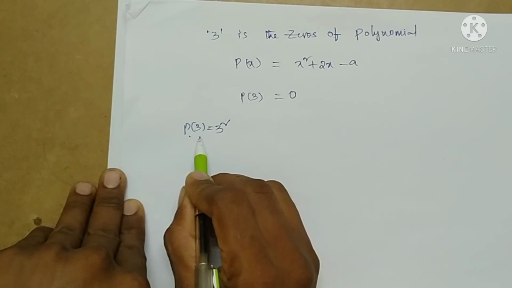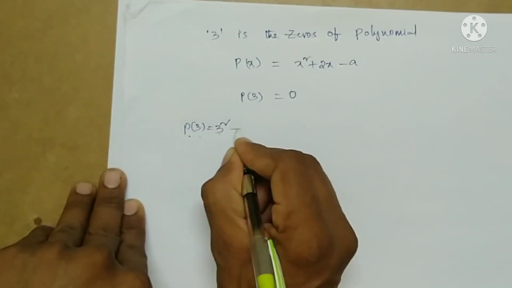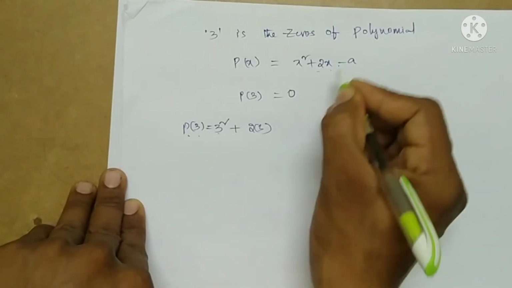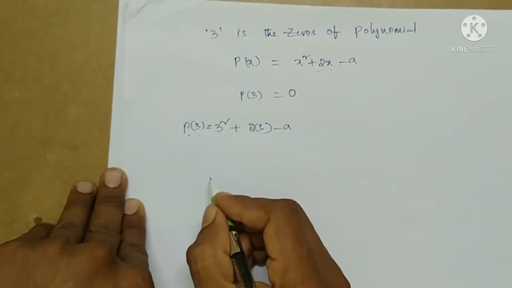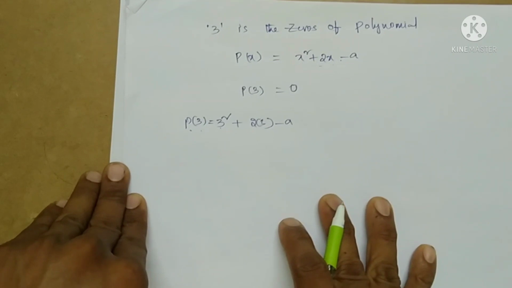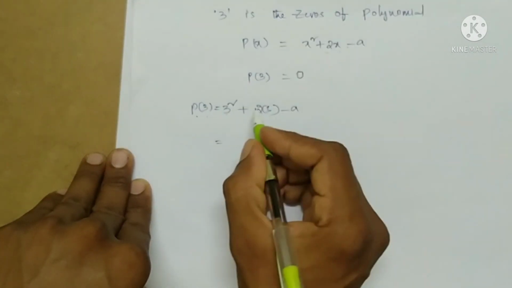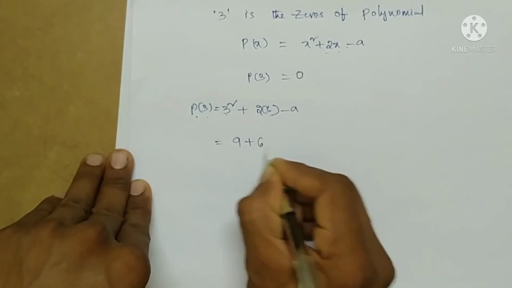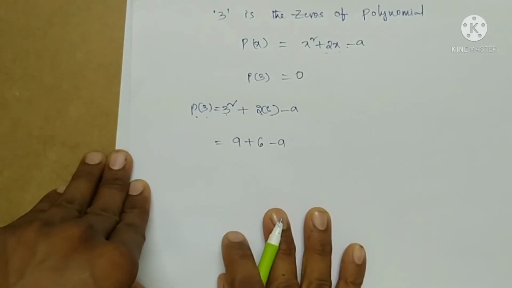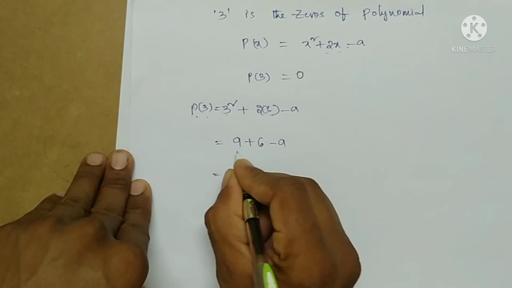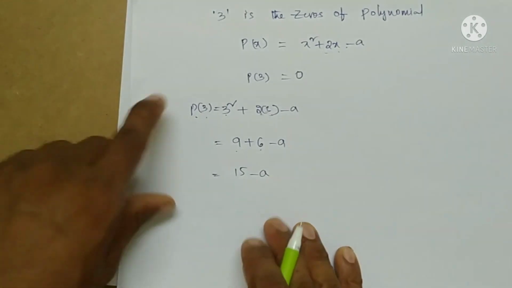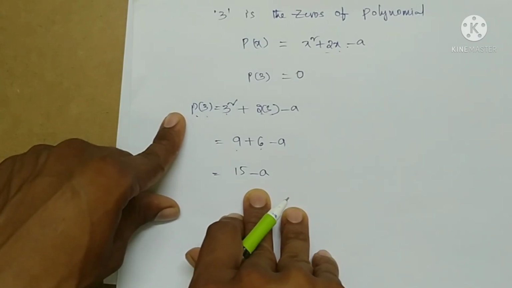So p of 3 is equal to 3 square plus 2 into 3 minus a, that is 9 plus 2 threes are 6 minus a, so 9 plus 6 is 15 minus a. So p of 3 is equal to 15 minus a.